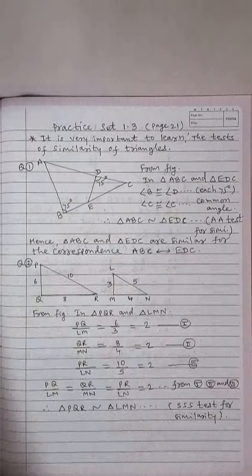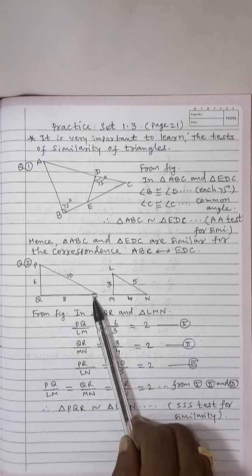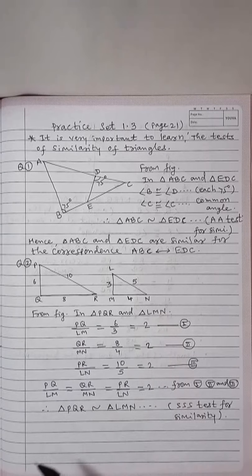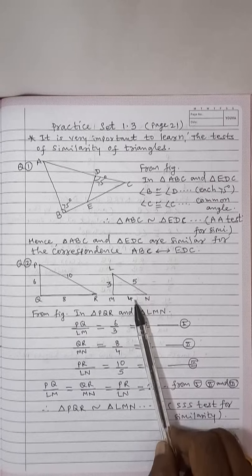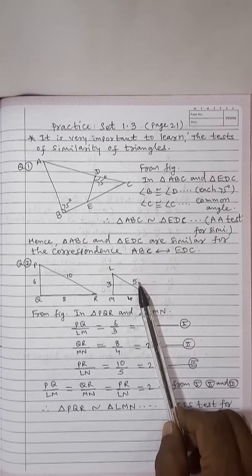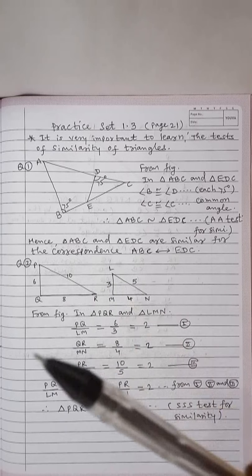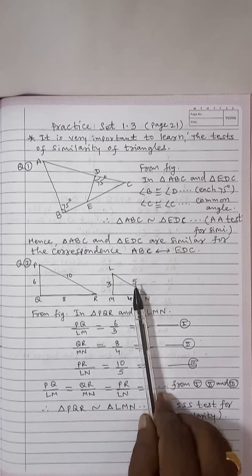If you observe carefully, double of 3 is 6, which is here. Double of 4 is 8, it is here. Double of 5 is 10, it is here. So if we take the ratio of corresponding sides, we will observe that corresponding sides are in the same proportion. And then by the side test, these two triangles will be similar.